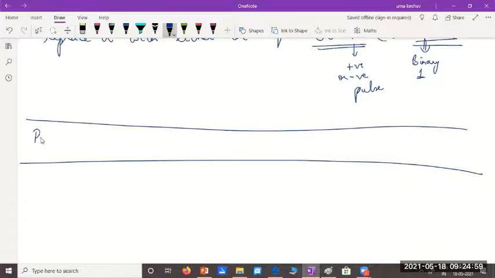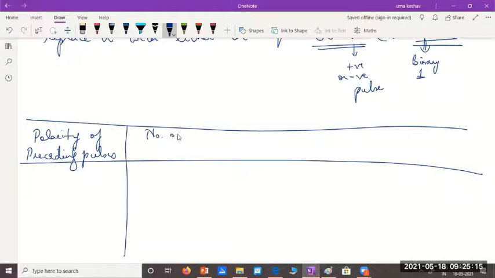Let me say the polarity of the preceding pulses. Polarity of the preceding pulses is one parameter to consider, and the number of bipolar pulses.